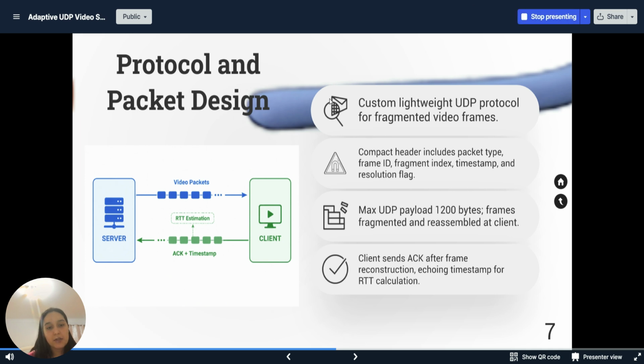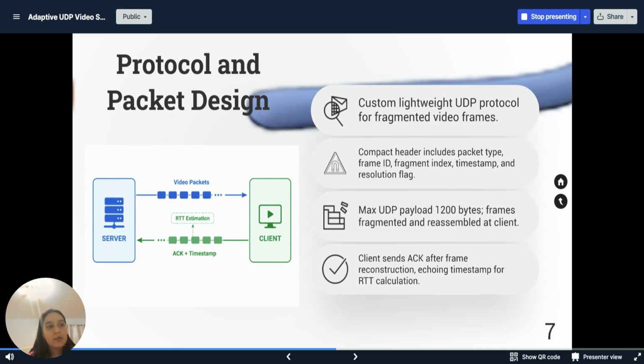Just like in the picture you're seeing, the packets move from the server to the client. Once a frame is fully reassembled in the client, we send back an ACK with a timestamp. So for the RTT estimation, when the server gets the timestamp, it compares it to the actual clock right now, and it gets the RTT estimation. Obviously, it's a conservative RTT estimation because it doesn't only take the travel time, but also the reconstruction time.